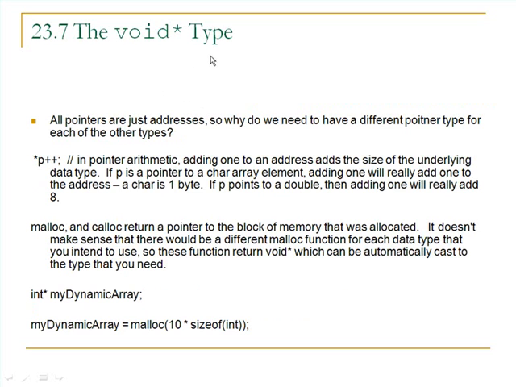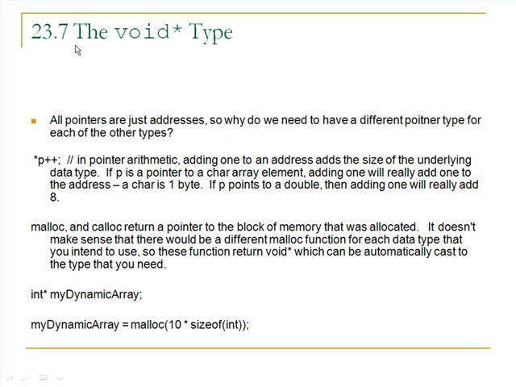Okay, let's talk about the void pointer. All pointers are just addresses, so why do we need to have a different pointer type for each of the other types? Well, we started looking at this in the segments on arrays and pointers, and we'll revisit it here in the expression *p++.